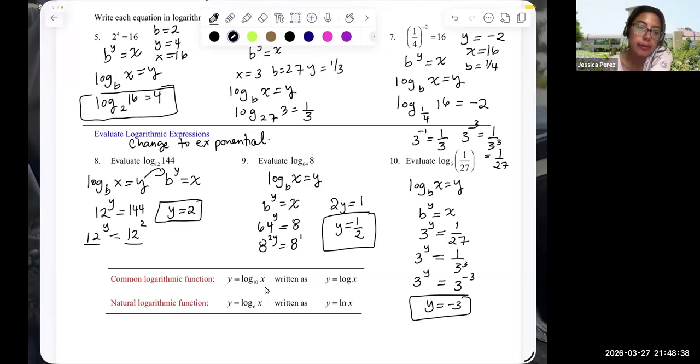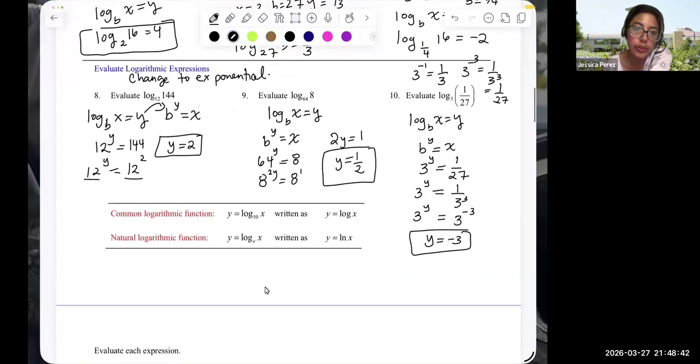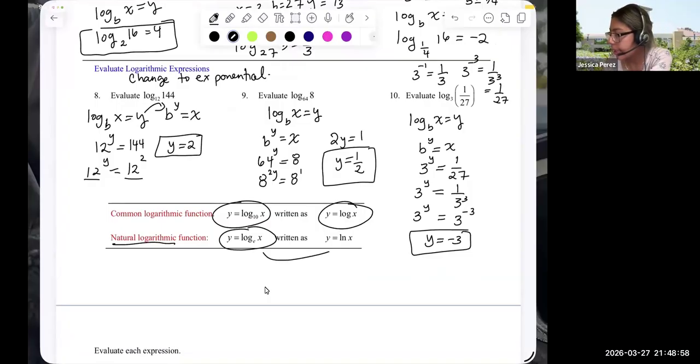Alrighty, let's look at some definitions of common logarithmic functions and natural logarithms. There are two things. The common logarithm y equals log base 10 of x is the same as y equals log of x. And the natural logarithmic function, log base e of x, is written as ln of x.